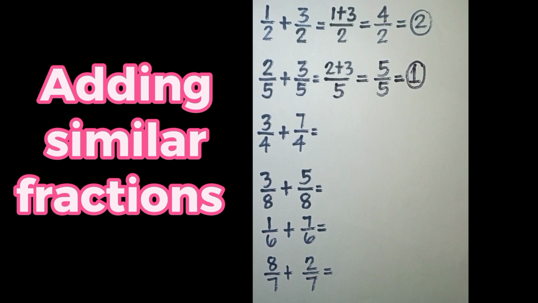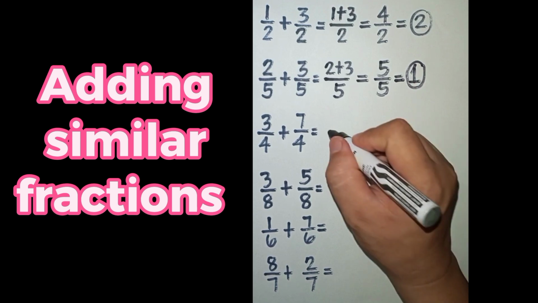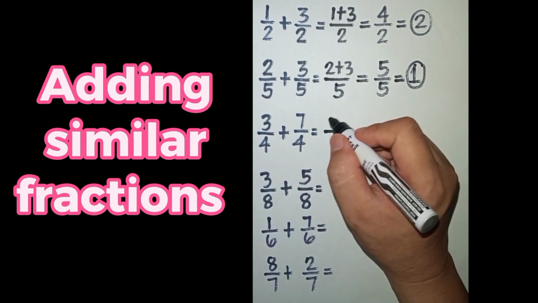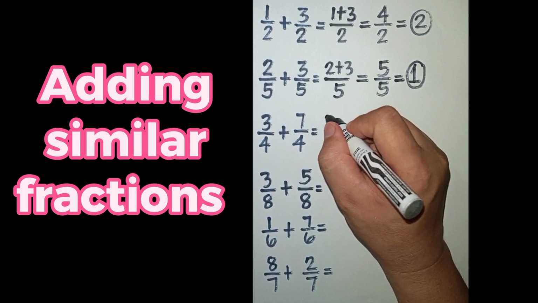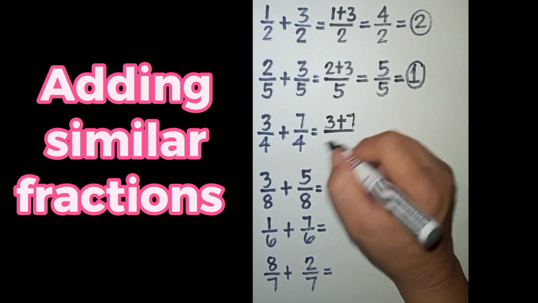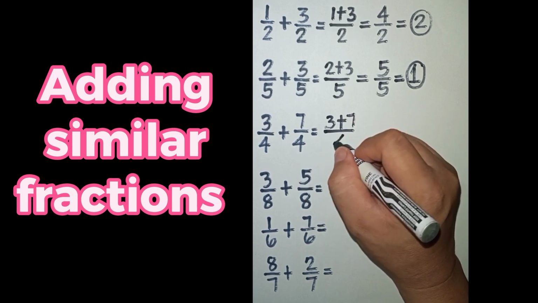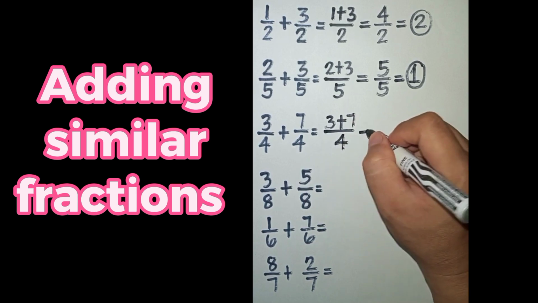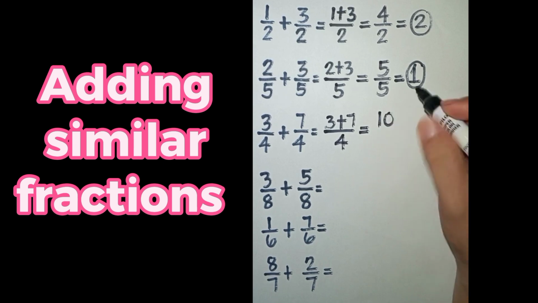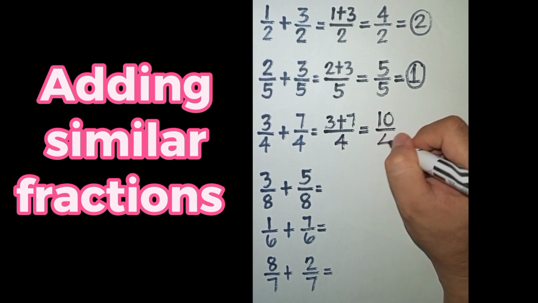Then let's have number 3. 3 fourths plus 7 fourths. Again, we have to add the numerators 3 and 7. 3 plus 7, then copy the common denominator 4. So that is equal to 3 plus 7, that is 10 over 4.